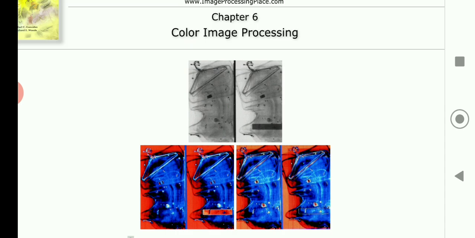That means whatever you can see right now, it's the image of luggage, and there are two different images.